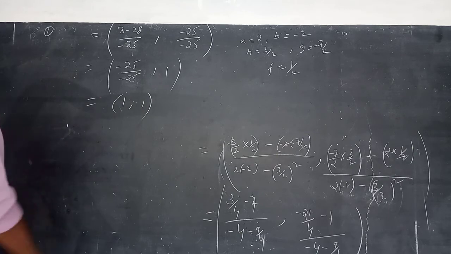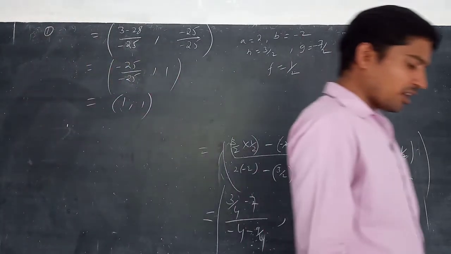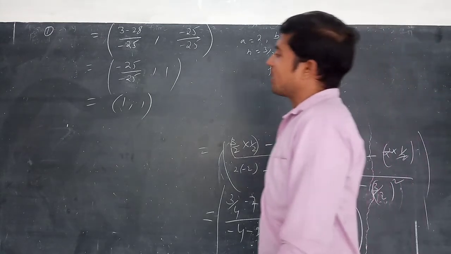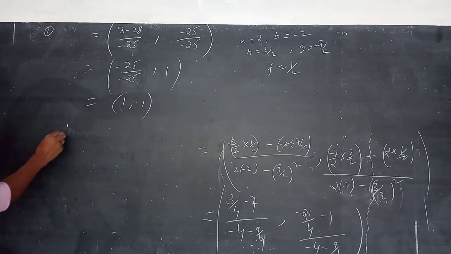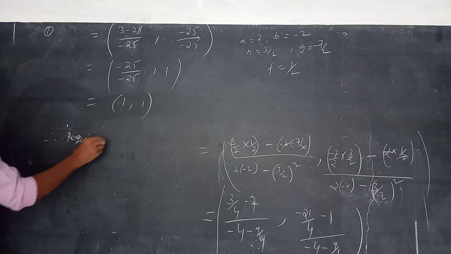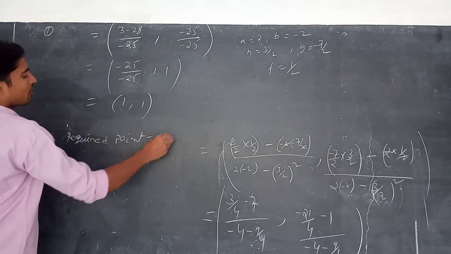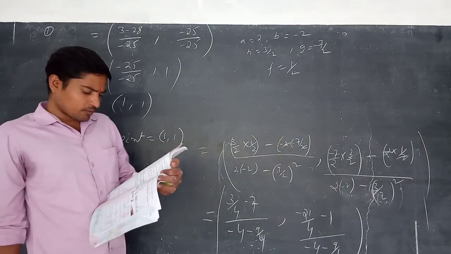Right? So to eliminate the x comma y terms in the given equation, the point has to be shifted to 1 comma 1. Therefore required point equal to 1 comma 1. Clear? Next one.